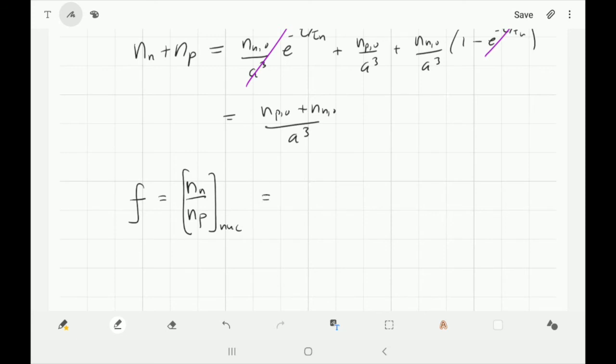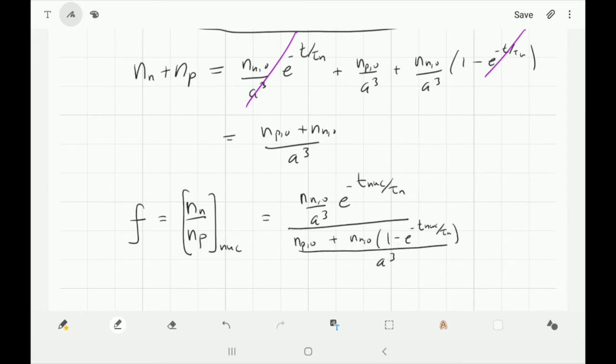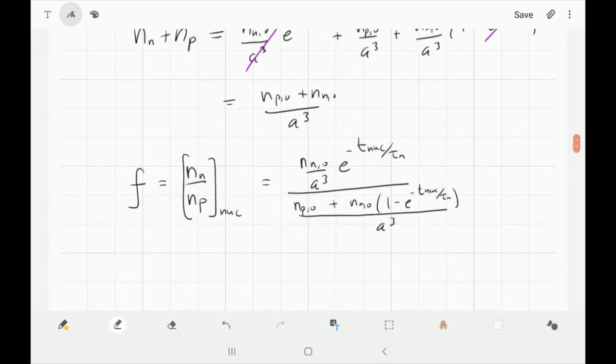In other words, we're going to use the formula we just wrote down, nn naught over a cubed times e to the minus t nuc over tau n, where t nuc is the time when nucleosynthesis occurs, and then divided by the initial number density of protons plus this factor with the 1 minus e to the minus t nuc over tau n, and all of this is divided by a cubed. So you have an a cubed in the denominator in the top and the bottom. So that's what f is, and now let's clean this up.